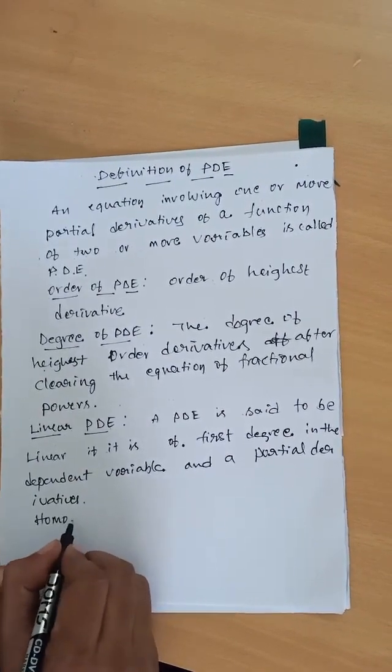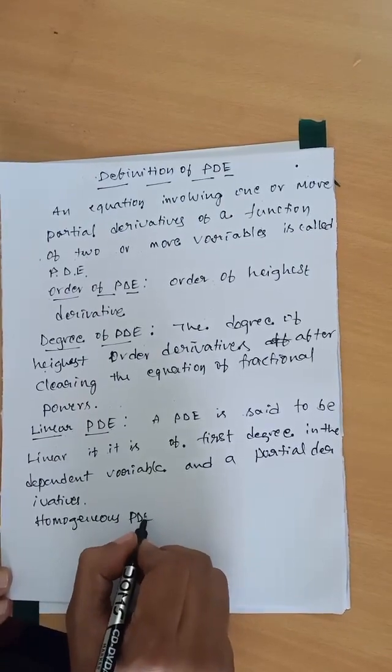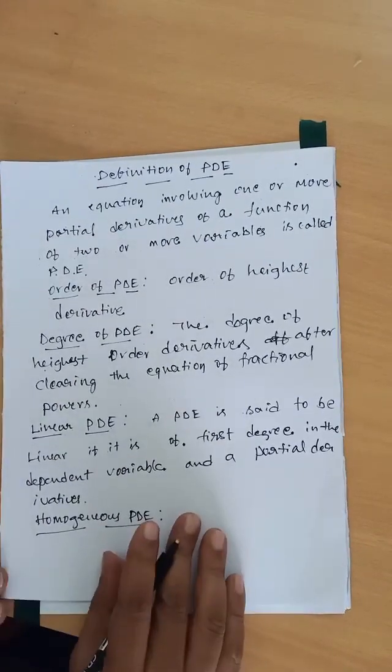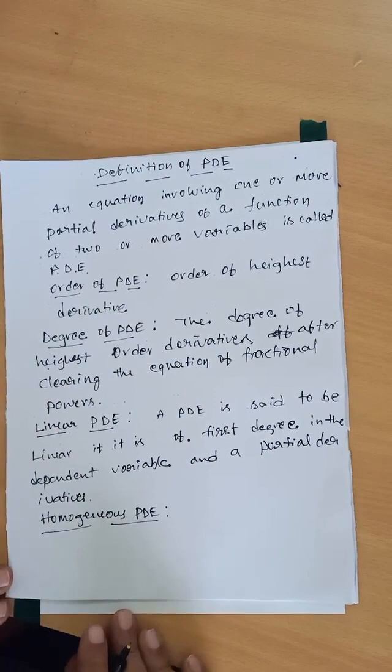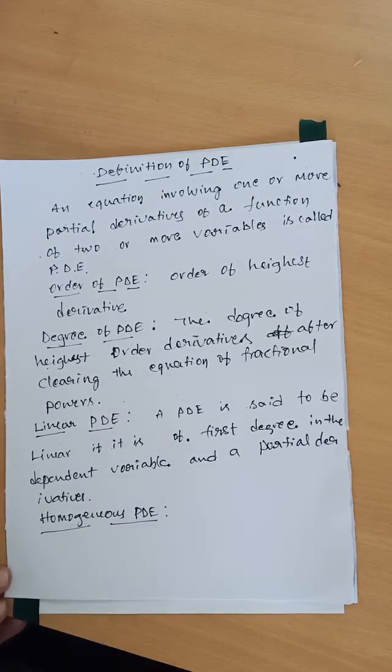Homogeneous partial differential equation. We simply say the order and degree of the given differential equation is 1, we call it homogeneous.